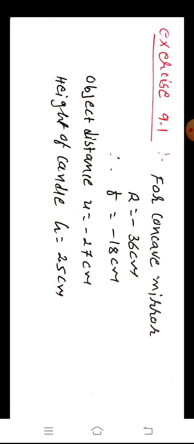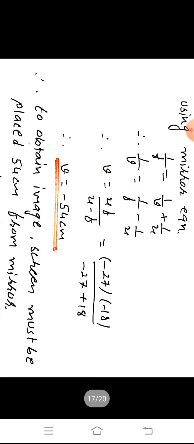Our interest is to calculate the image distance, so the image distance will come with the sign convention. For that, use the mirror equation. The mirror equation is 1/f is equal to 1/v plus 1/u. That makes 1/v the subject, so 1/v is 1/f minus 1/u, and making v the subject, as we have discussed earlier, v is equal to uf upon u minus f. Just put in all the values: u as minus 27, f as minus 18.